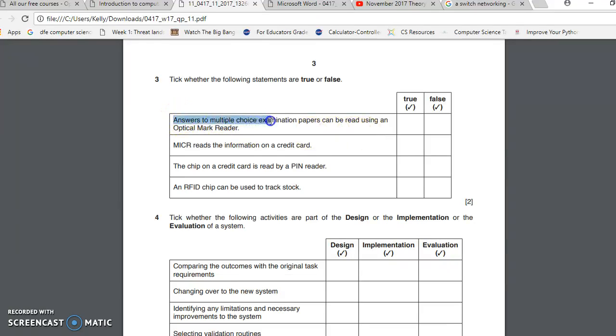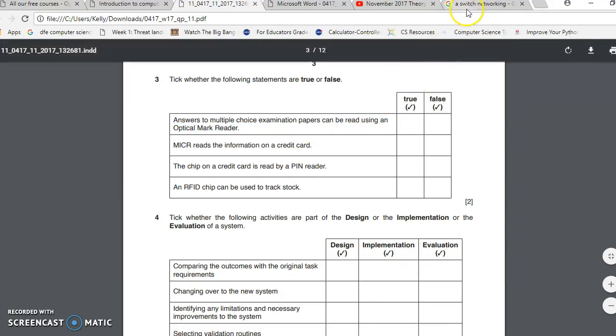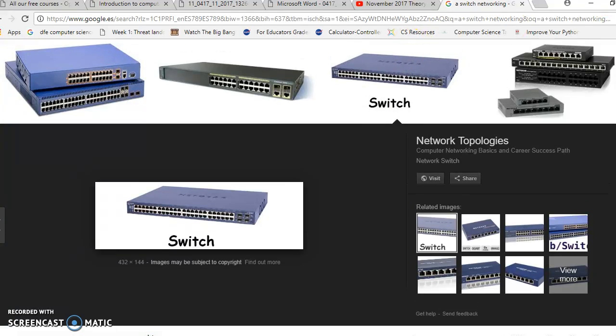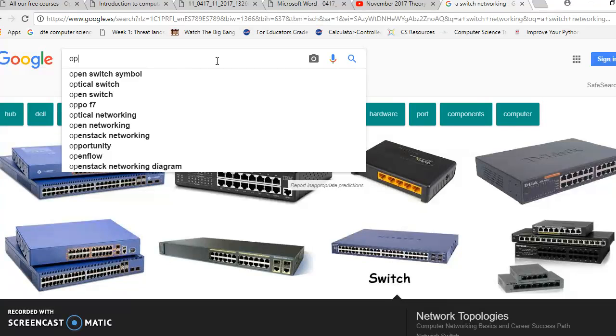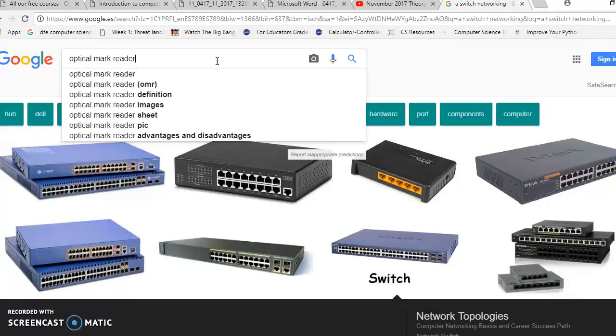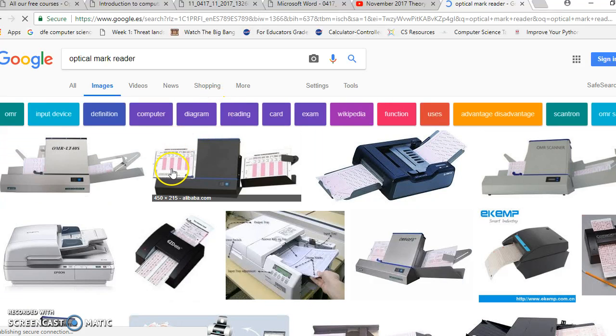Answers to multiple choice examination papers can be read using an optical mark reader. Okay, so first of all, if you're not sure what an optical mark reader is, let's take a look at this. Right, this is what an optical mark reader is.